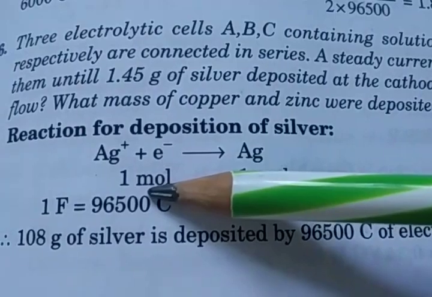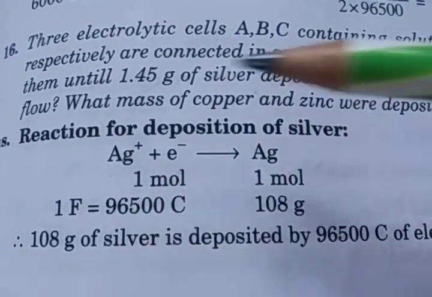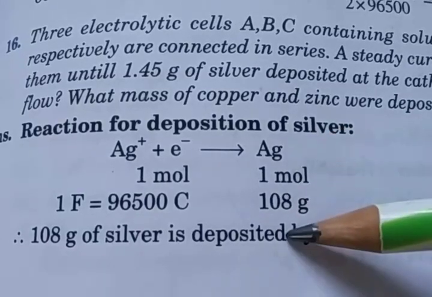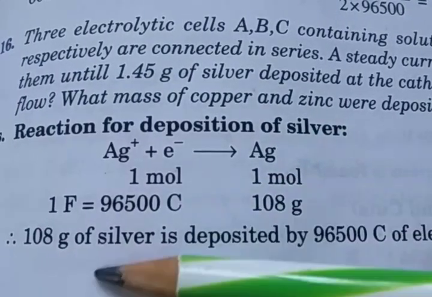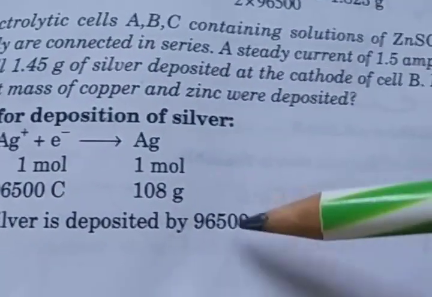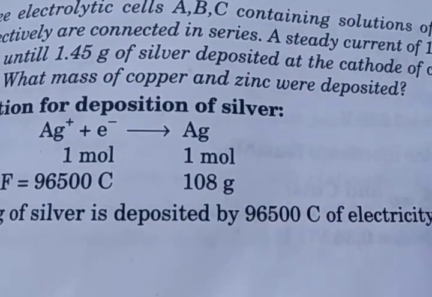So only 1 electron is gained, 1 mole, 1 Faraday, and only 1 mole of Ag forms, with atomic mass 108 gram. So 108 gram of silver is deposited by 1 Faraday, that means 96,500 coulomb of electricity.